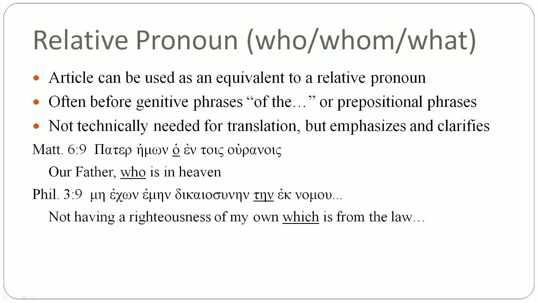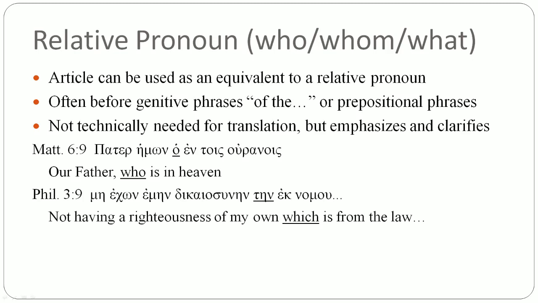So this is saying not having, me ekon, emen is a possessive pronoun, my. And so not having my own righteousness, or a righteousness of my own. And then here's the article that's being used as a relative pronoun. The tein, you can translate it which, and then ek namu, which is from the law.